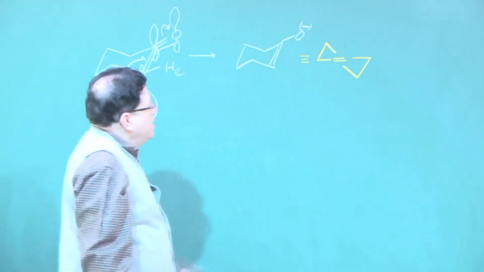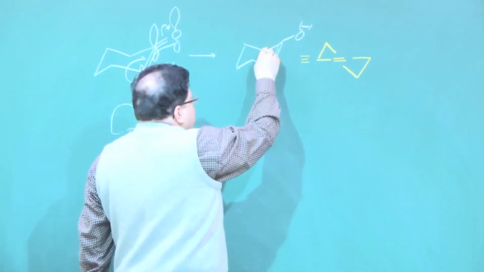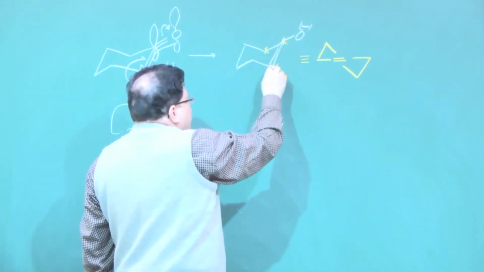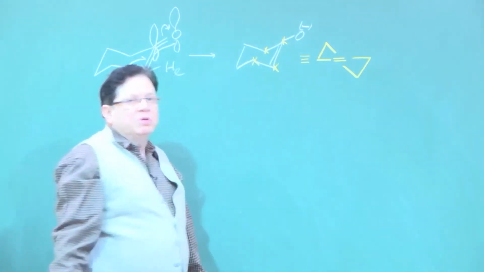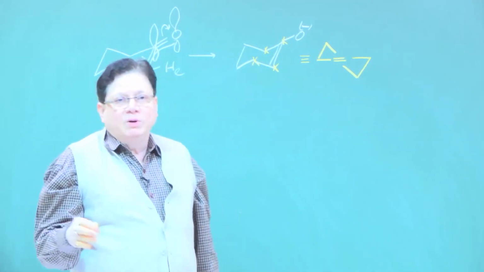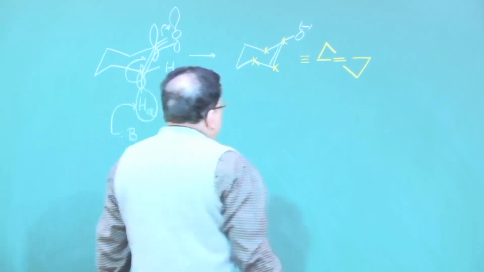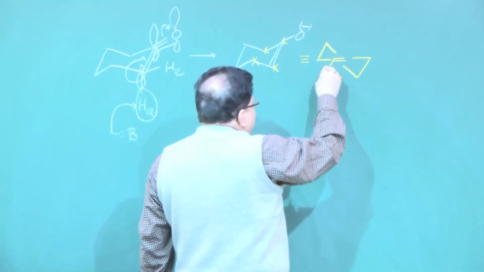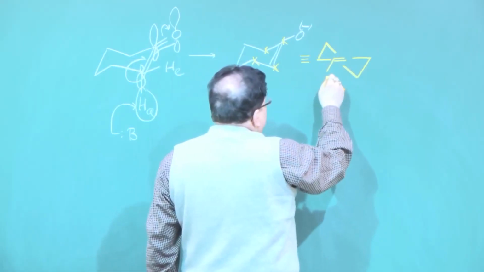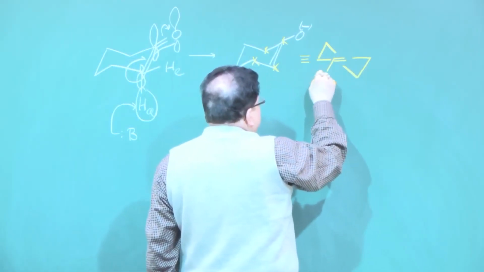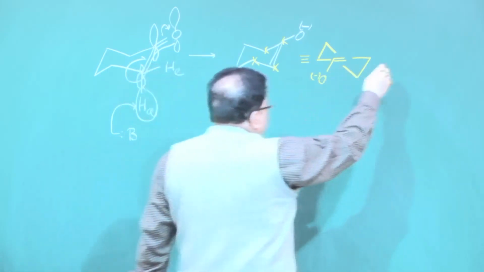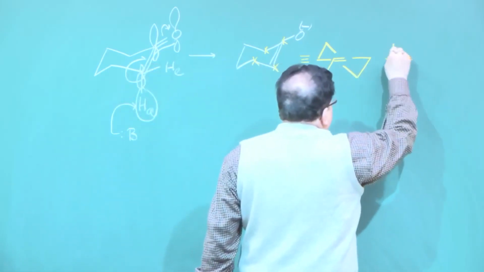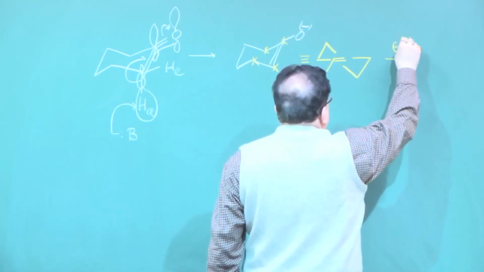This is because the double bond carbons as well as the adjacent carbons all lie in a plane. So this is the geometry of the cyclohexanone enolate, with the O minus, and now you have the addition of the electrophile. Suppose E plus is your electrophile.